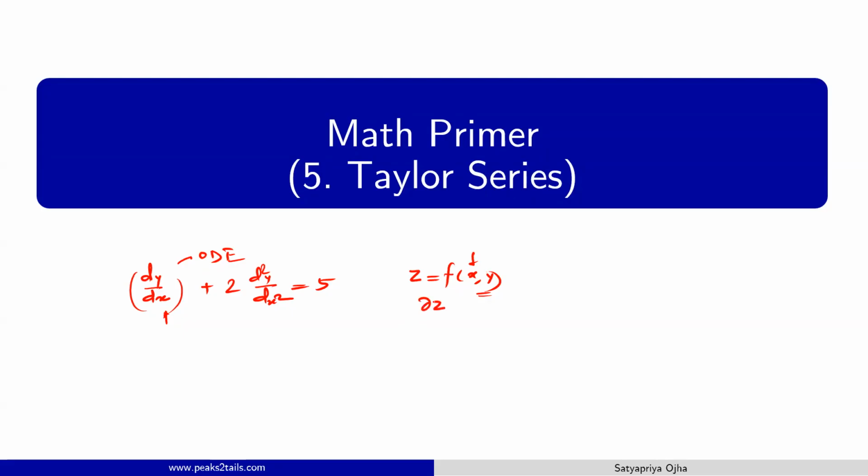There we have partial derivatives. So we write del z by del x or del z by del y, right? These are partial derivatives. Yeah, so pretty much these are the two types of derivatives.